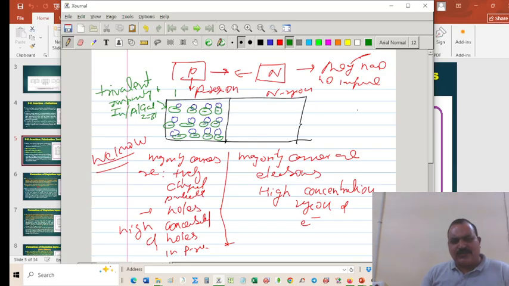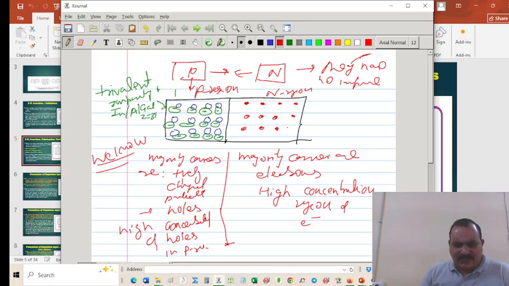In analogy to this, if I want to see the electrons on the second side, then the majority carriers, the electrons, are like this. These are the electrons, majority carriers in your n section.